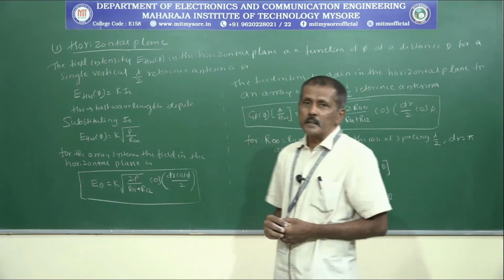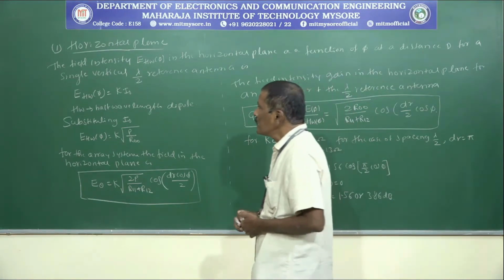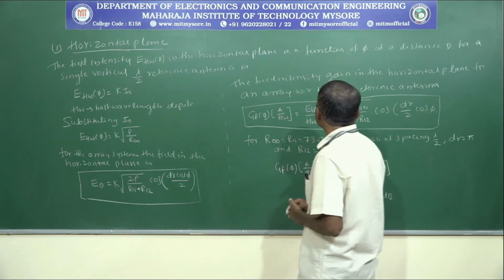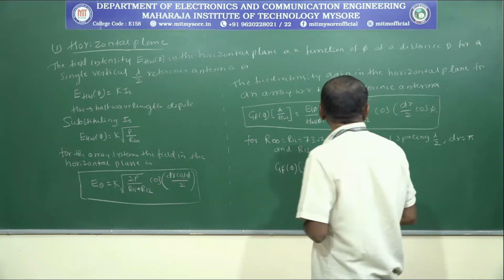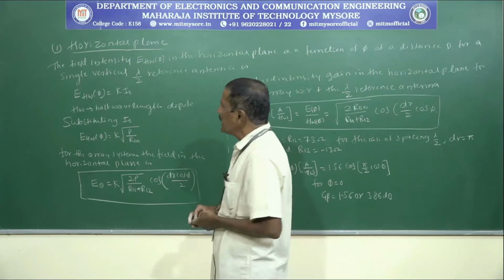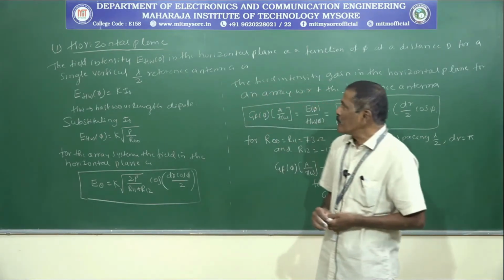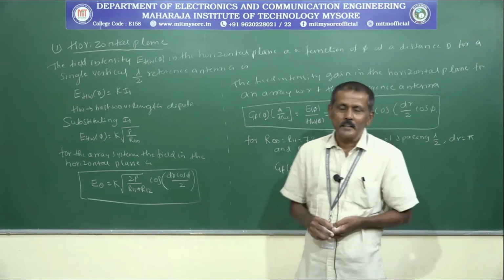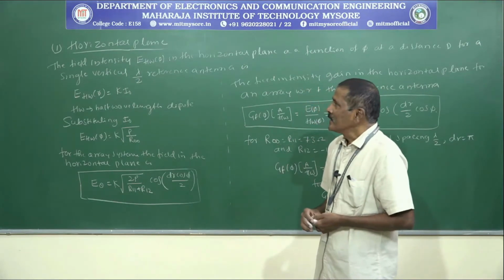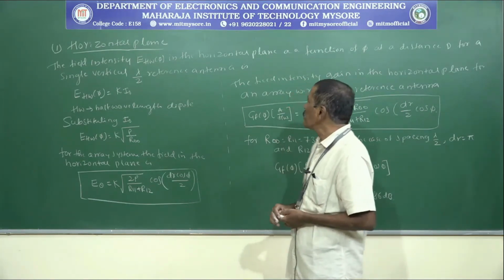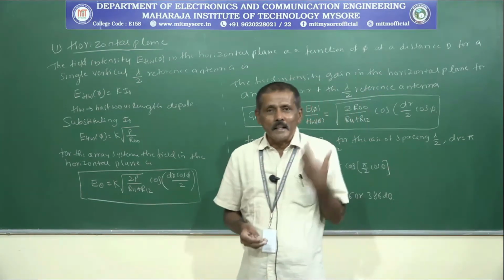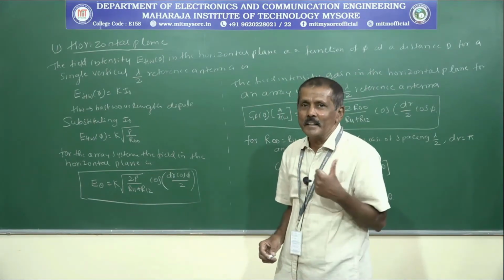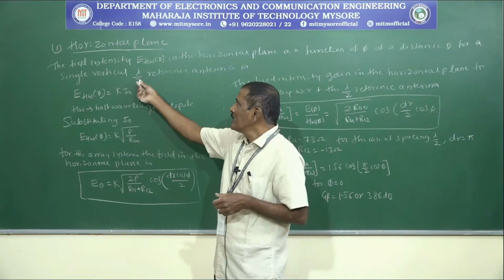Now consider the horizontal plane. The field intensity EHW of phi in the horizontal plane as a function of phi at a distance d from a single vertical lambda by 2 reference antenna is, it means that we want to calculate the field intensity in the horizontal plane as a function of phi at a certain distance d from a single element.